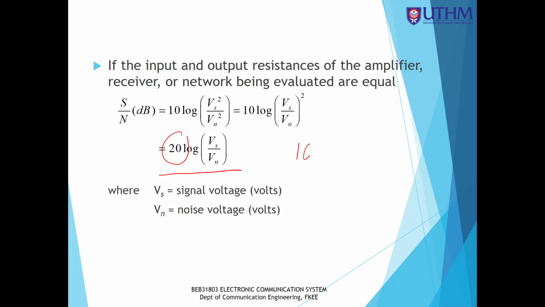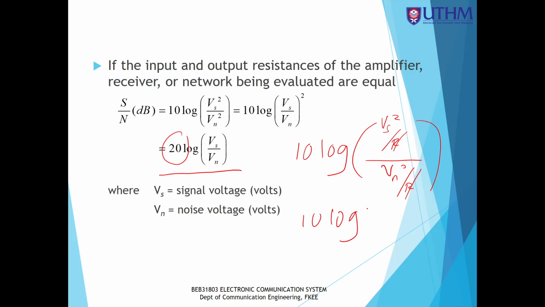It comes from the power equations, which is Vs squared over R divided by Vn squared over R. So you can cancel out R, and it becomes 10 log, like this, of Vs divided by Vn, squared. This square you can bring forward, therefore it becomes 20 log.